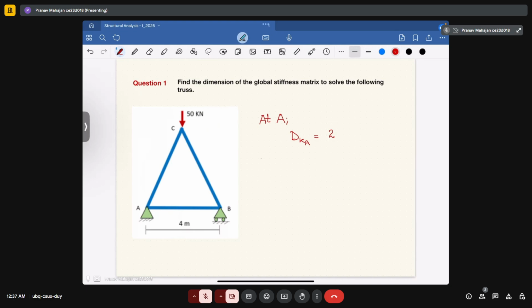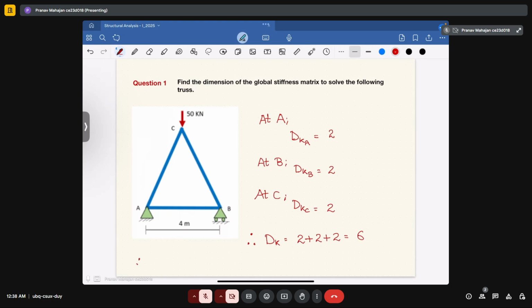Similarly, you can see that at B also your DK is 2, and on the same lines at C your DK is equal to 2. Therefore, your total DK will become 2 plus 2 plus 2 equal to 6.